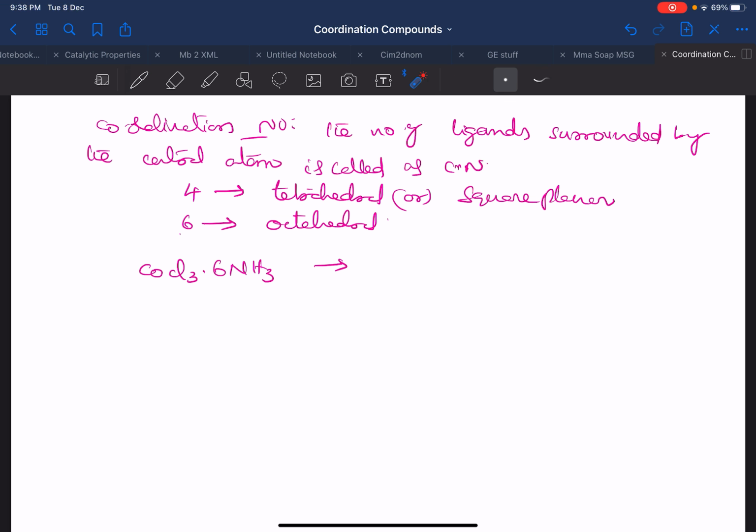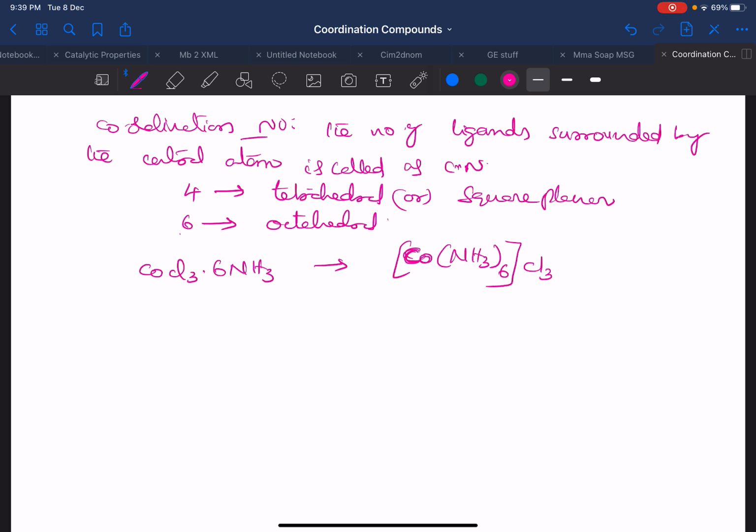Here the NH3 molecules are the electron pair donors, called ligands. So there are 6 ammonia molecules acting as ligands, and Cl3 are the negative ions. So we will write the complex structure as [Co(NH3)6], where Co is the central metal atom, and these ligands are shown in the square brackets. The remaining Cl3 will be on the outer side of the square bracket.